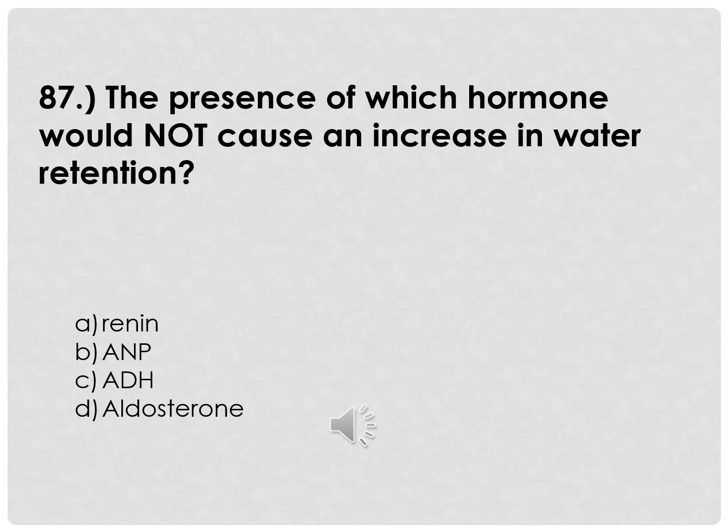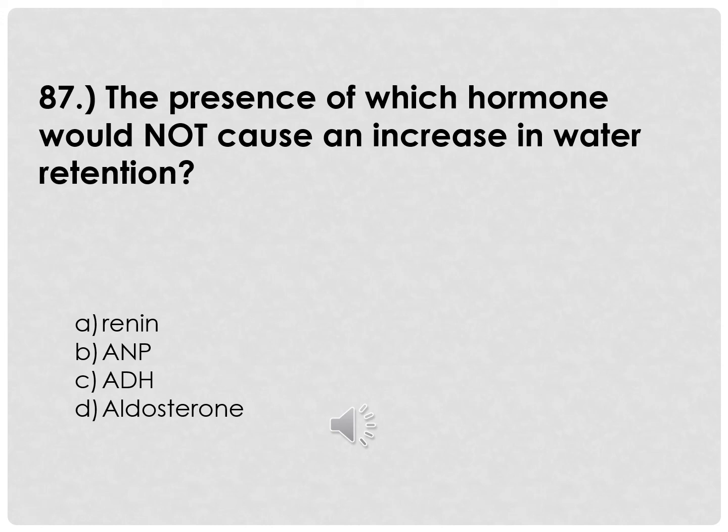The presence of which hormone would not cause an increase in water retention? So for this question, it's important to understand that we have many hormones in our body that increase our blood pressure and very few hormones that decrease our blood pressure. Blood pressure and water volume in the body are the same. So if you increase the volume of liquid in the body, then you increase blood pressure.